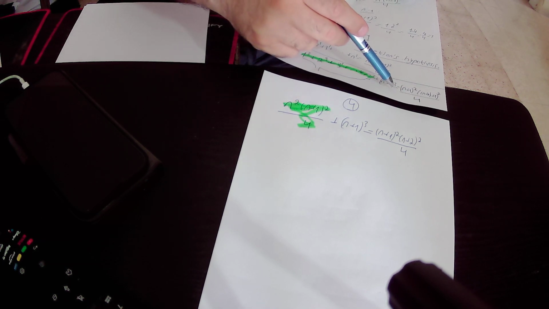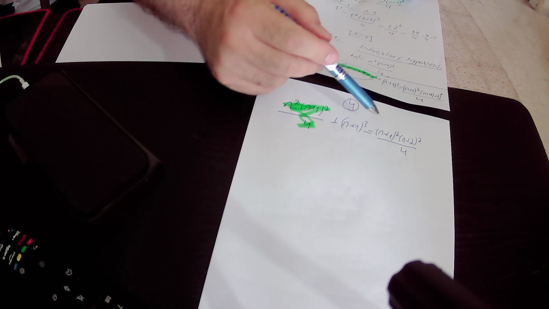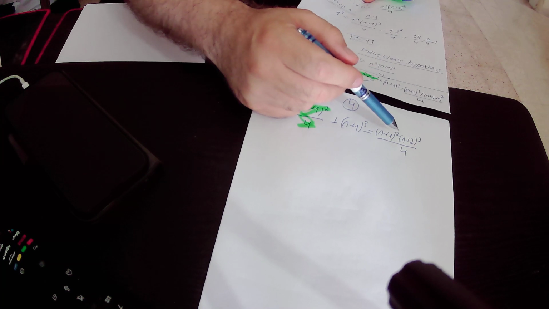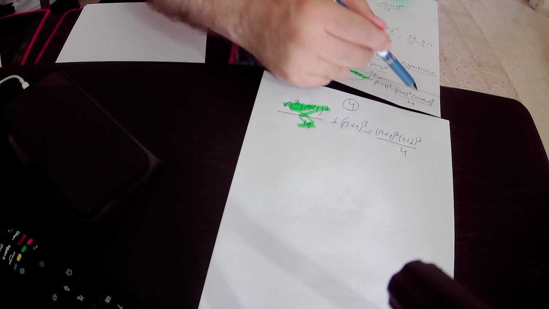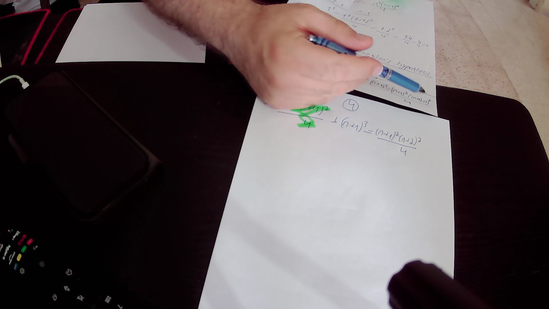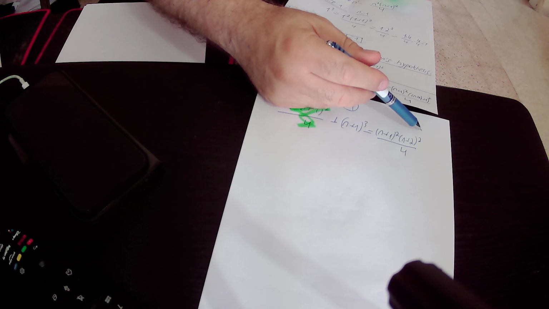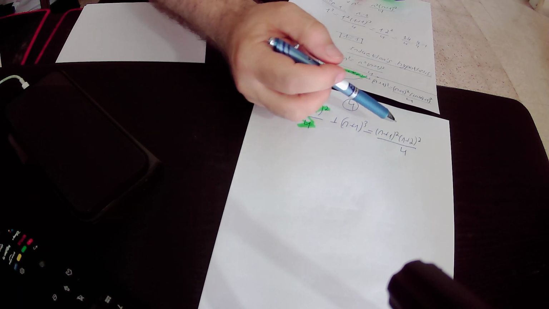All equals n plus 1 squared, and here n plus 1 is n plus 2. So we wrote here n plus 2 all squared divided by 4.